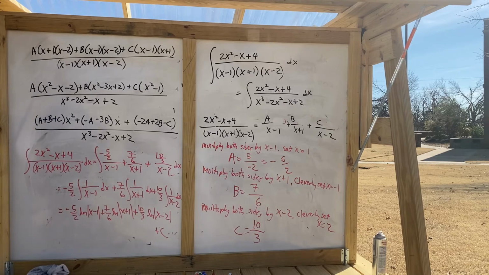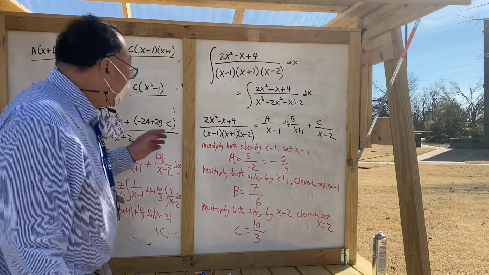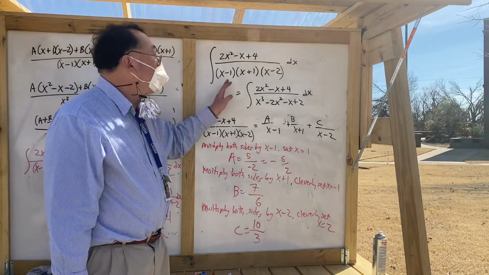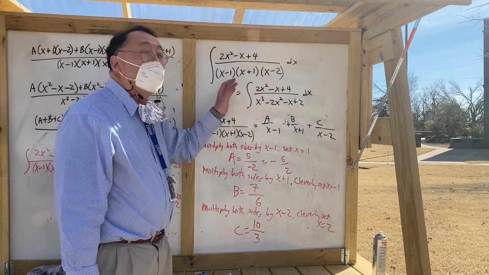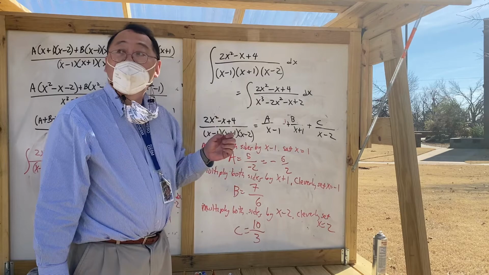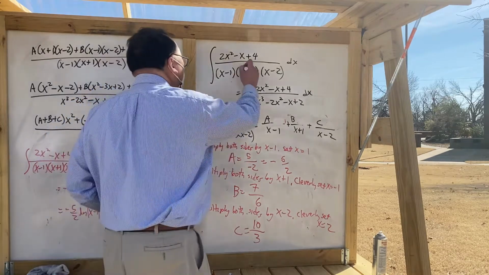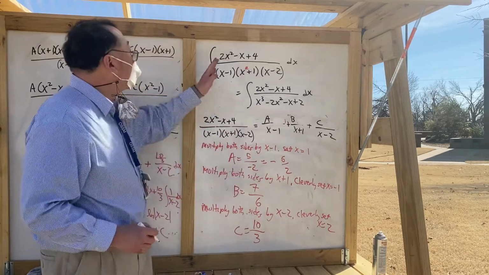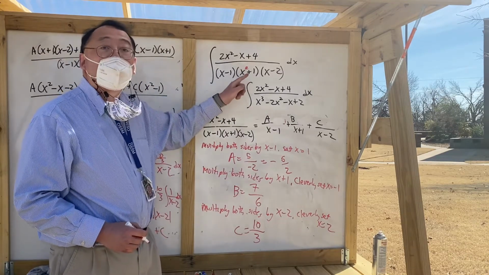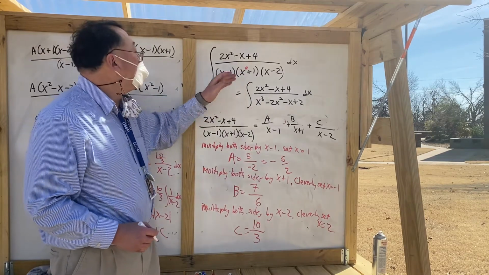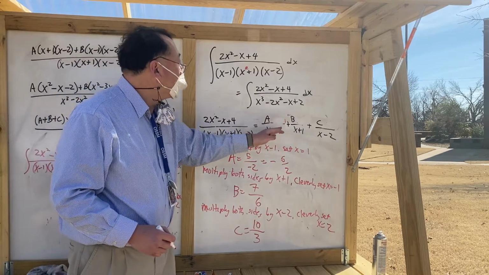Now, I oversimplified a little bit because the only conditions I considered were where these bottom terms are linear terms. But it's a little bit more complicated if you had some that look like this. So if I have the same problem, but this is x squared plus 1, this is called an irreducible quadratic. So you're not able to necessarily set it up in this way.